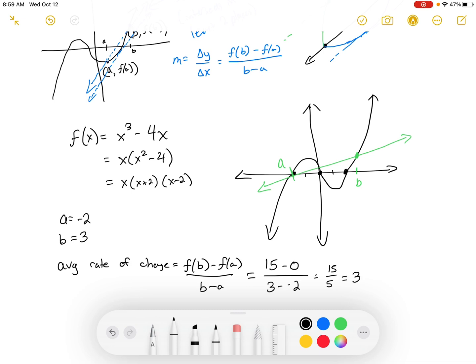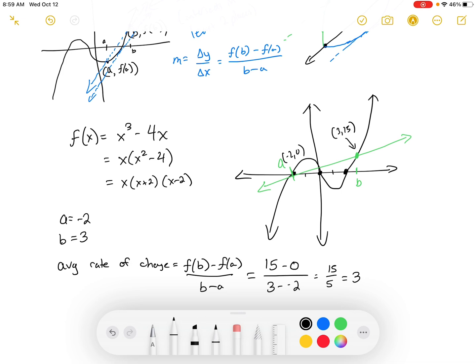And I know this doesn't look like 15 here, but this is really the point (3, 15). And this is really the point (negative 2, 0). And you should be able to convince yourself right now that, again, not to scale at all, on that interval, a to b, each time x goes up 1, I'm going up an average of 3 units in the y direction. 3 is my average rate of change.